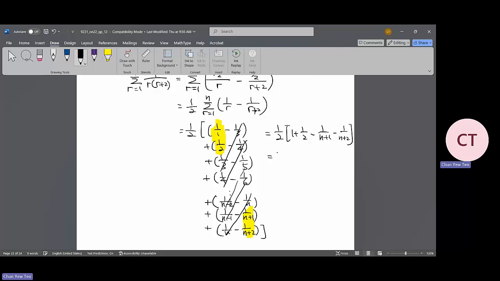So if you want, you can simplify them, become one fraction. If no, I think this is good enough. Of course, if you have the time, you can combine them into one fraction. So this will be the answer for the number 1B.